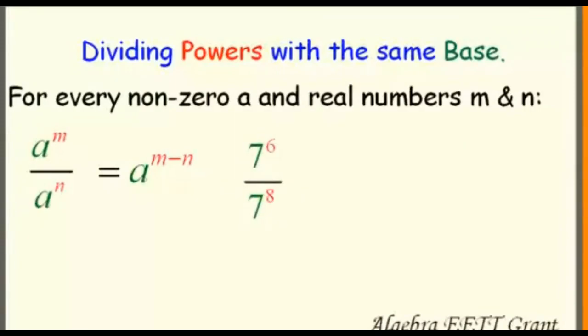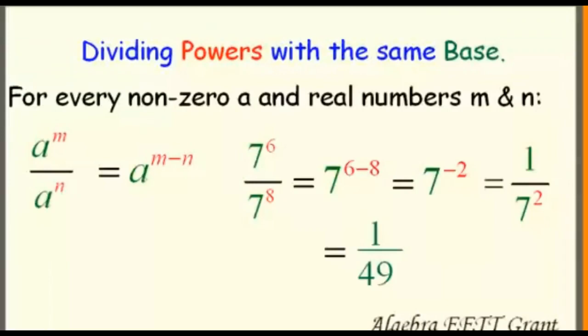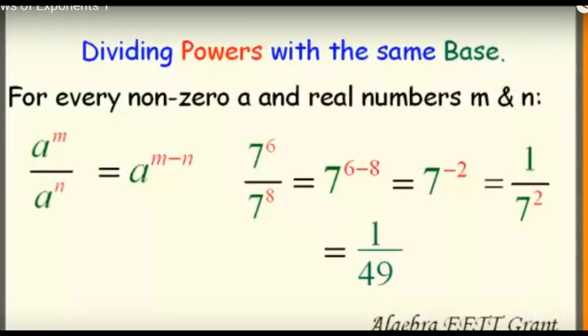A second example would be like 7 to the 6th divided by 7 to the 8th. Well, again, top minus bottom, so it's 6 minus 8. Because they have the same bases, I can combine them, and that's going to give me 7 to the negative 2nd. We cannot have negative exponents, so we cross back over the fraction bar, and it becomes 1 over 7 squared, which you could also write as 1/49.